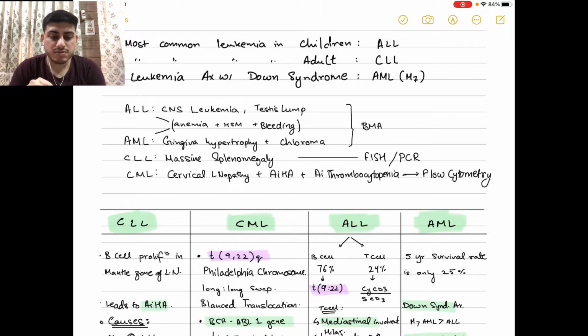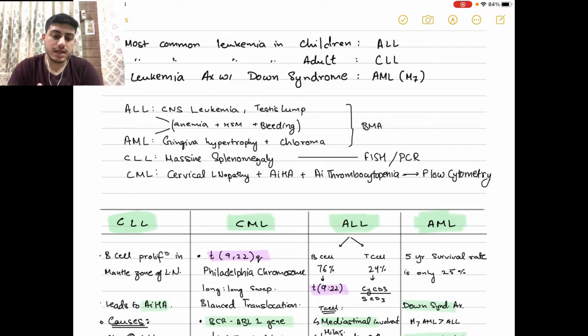For ALL, the specific finding will be CNS leukemia. The cancer spreads towards the brain as it crosses the blood-brain barrier, and similarly it crosses the membrane and reaches the testis, so there is a testis lump. And in AML, the catch points are gingival hypertrophy and chloroma. Chloroma is like purpura-type patches you can see all over the body, but we will read about it later.